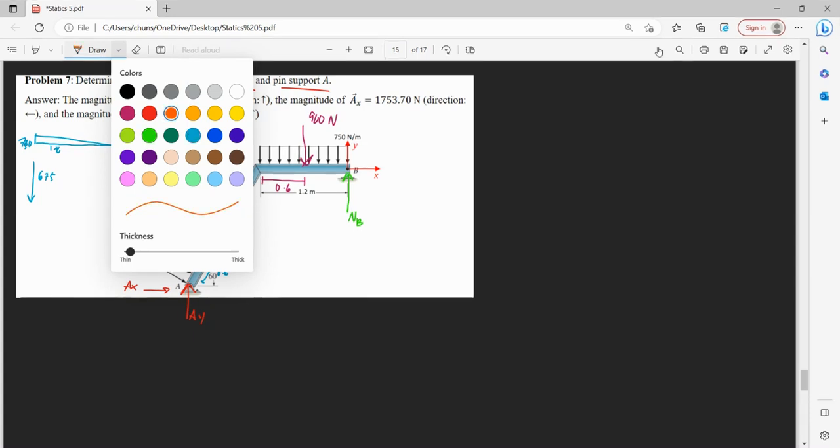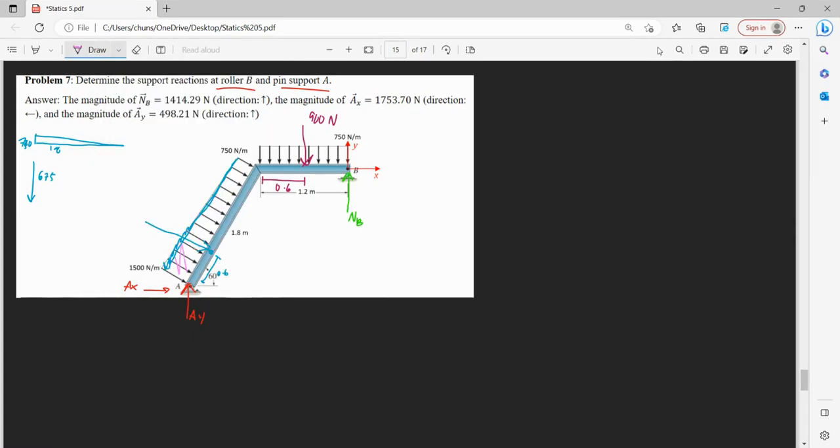And in pink, I'm going to do this section here. So this is going to act at our center of our beam. We already know that. I'm going to call this point D. This is at a distance of, so it's half of 1.8, that's 0.9.